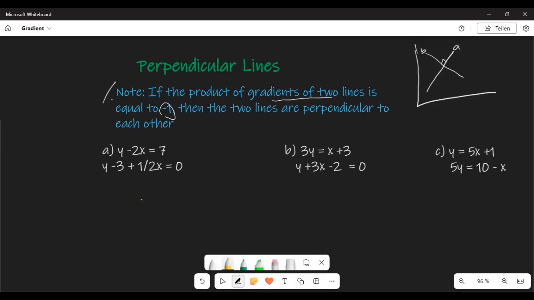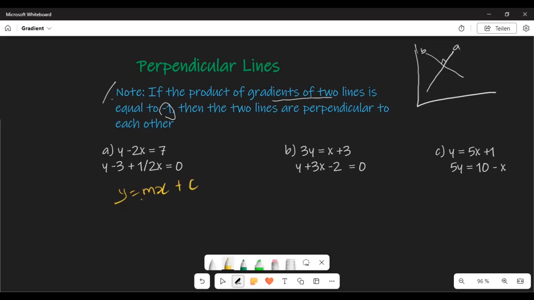In the previous video, we worked with gradients, and we also emphasized leaving your equation of the line as y equals mx plus c, where c is the constant.